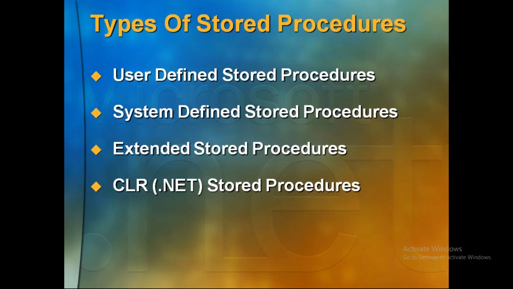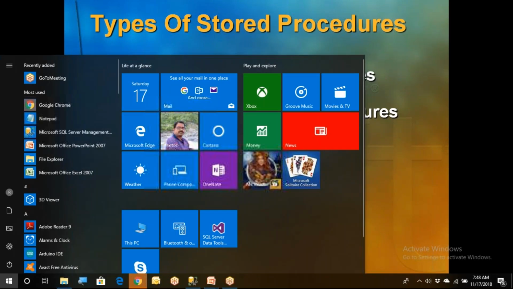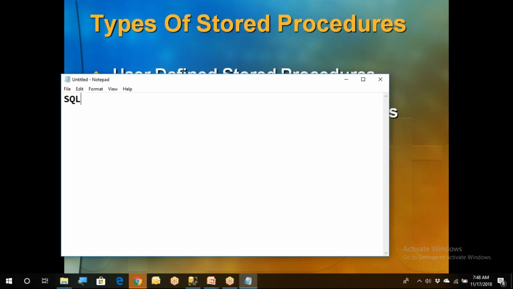So what is the code you need to write? There you have to write the SQL code, which is going to be working within the SQL server, as well as you may write C or C++ code. So C or C++ code, when you write, this code will come out of the SQL server.